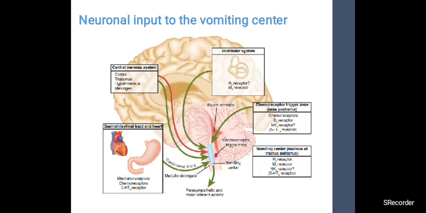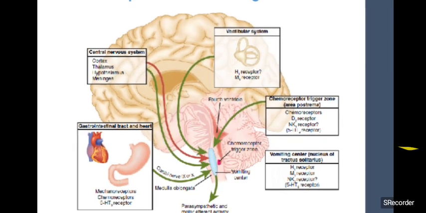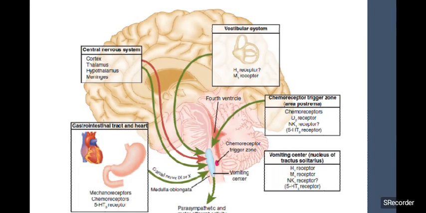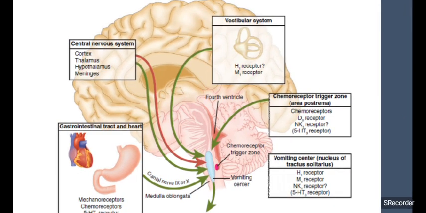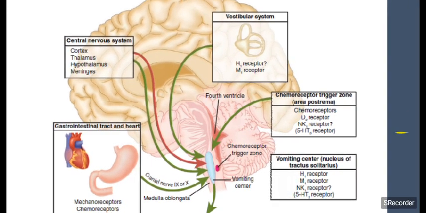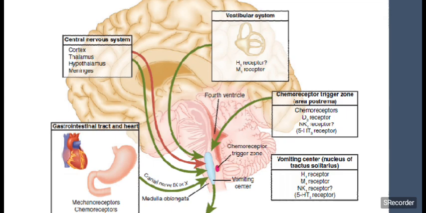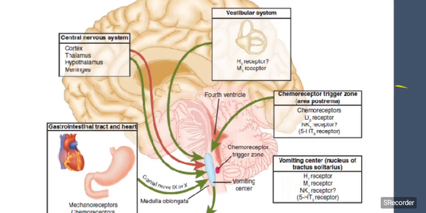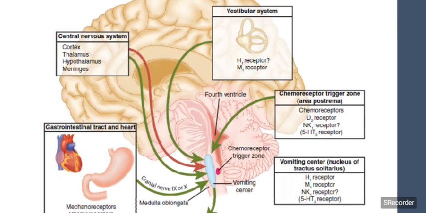This slide is trying to show us there are mainly four sources of input to the vomiting center. The first one can be from the vestibular system, and in the vestibular system we have the H1 receptors and M1 receptors. Second, it can be from the central nervous system, that is the cortex, thalamus, hypothalamus, and it can also be from the meninges.